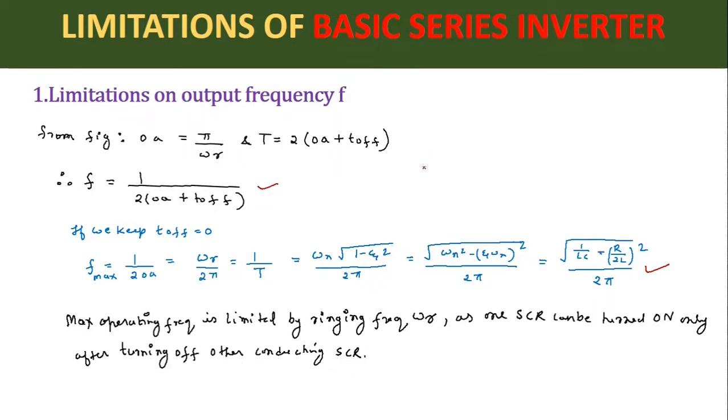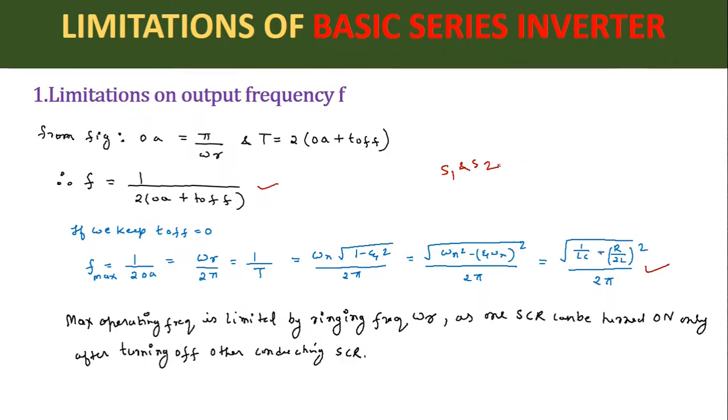That means we have two SCRs in the basic series inverter circuit, S1 and S2. So when S1 SCR is conducting, at that time S2 SCR will be in off condition. When S2 SCR is conducting, S1 SCR will be in the off condition. So after allowing an off period of one switch, only then can we turn on the other switch.